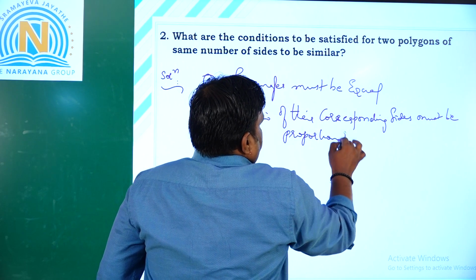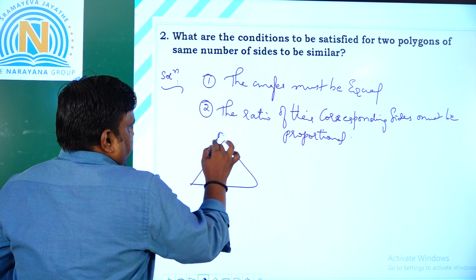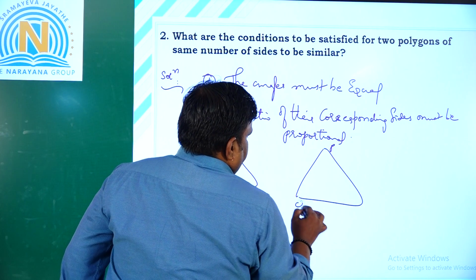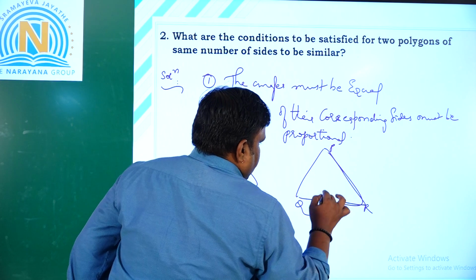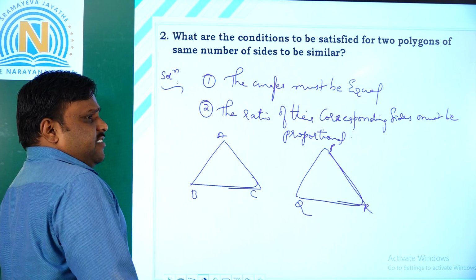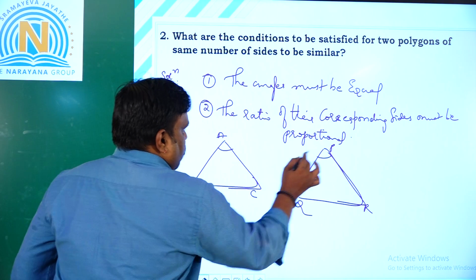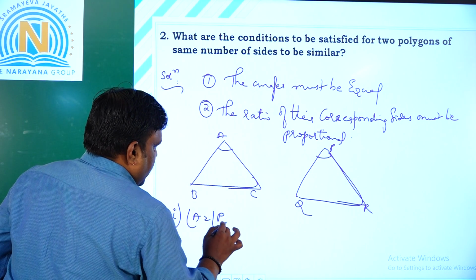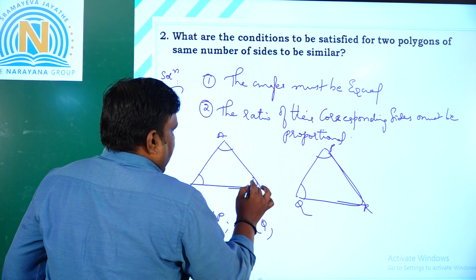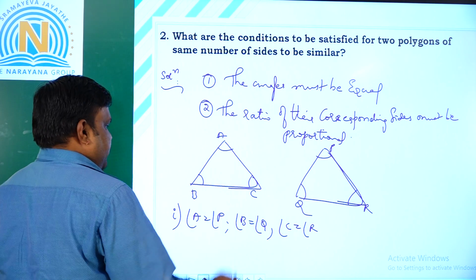Let us take one example. ABC is a triangle and I am taking one more triangle PQR. To prove these two triangles similar, the conditions must be satisfied. Angle A equal to angle P, angle B equal to angle Q, angle C equal to angle R. The corresponding angles must be equal.